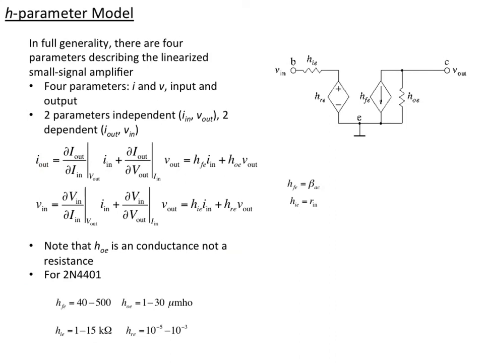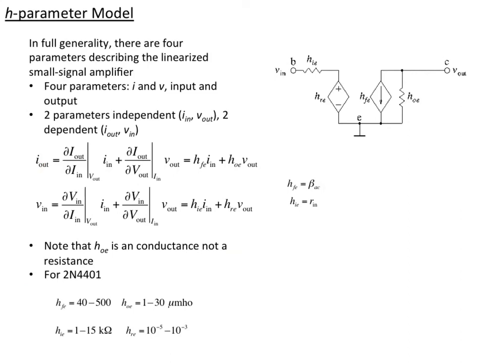There's a current in and current out, voltage in and voltage out, and in this case, the input voltage and current is the base, and the output voltage and current is the collector. This is because in this model we're always talking about the emitter, the common emitter case, so it's always connected to ground. It's not independent.